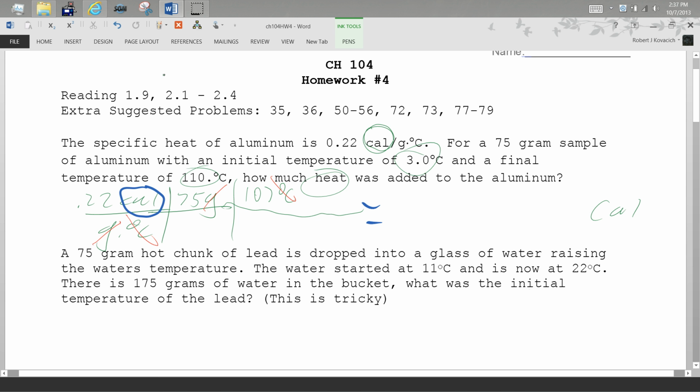Does somebody have that? 1965. Really? 1965, what? 0.5. And then that would make it 19. Is that what everybody got? Do we have some confirmation on 1965?